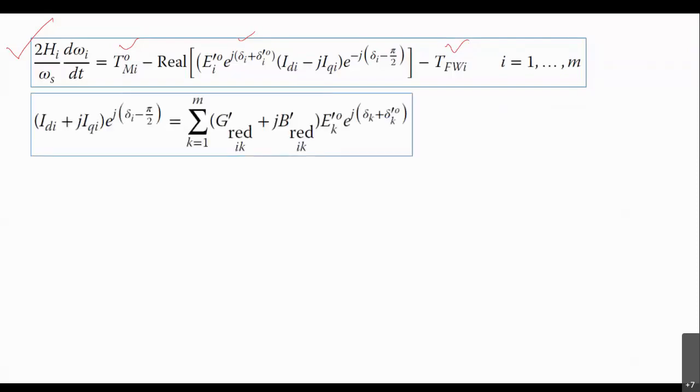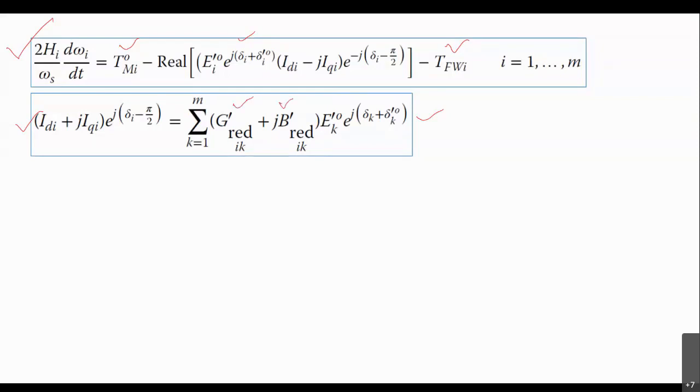So it is for all the machines mentioned. And from this we already know that the current we can write, if the network is represented along with the load represented as impedance load, in this manner. So this G'red plus jB'red is nothing but the reduced Y-bus matrix.